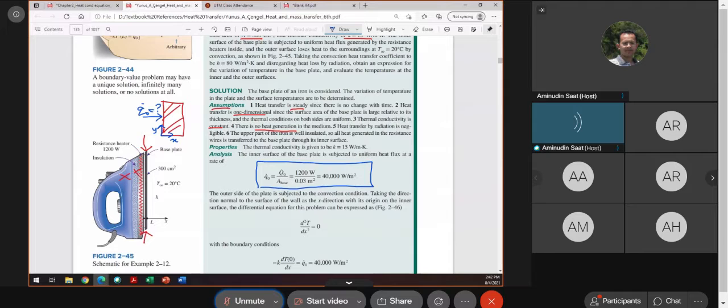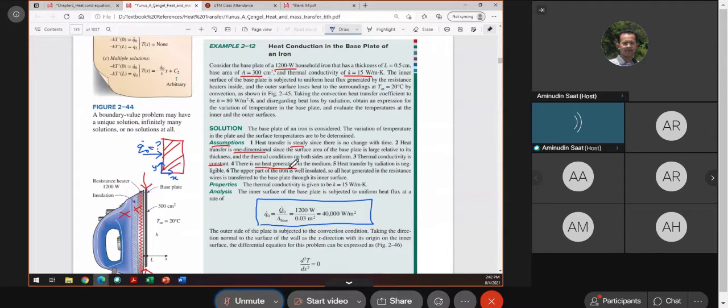How you get this value is basically the heat produced by the iron, 1200, divided by the area of that particular base plate, which is here 300. But it is in centimeter squared, so you need to change it into meter squared.